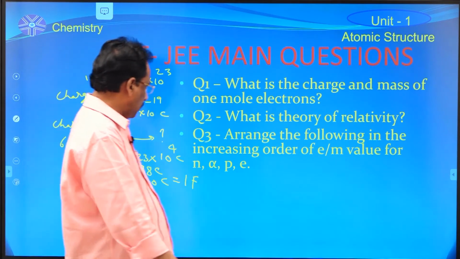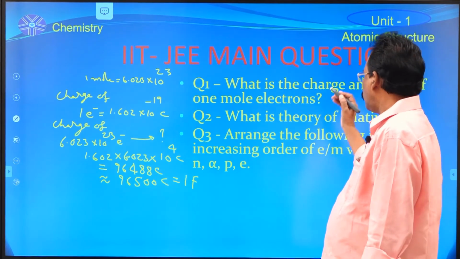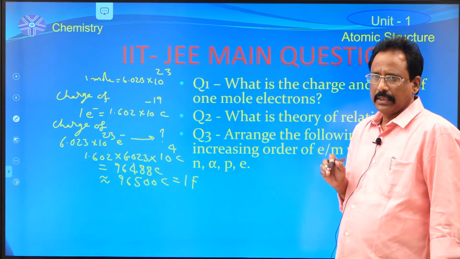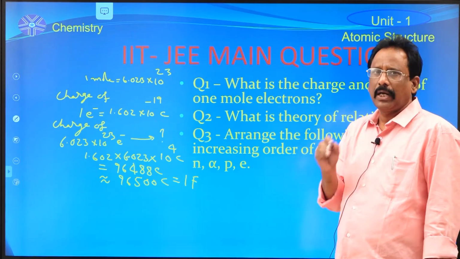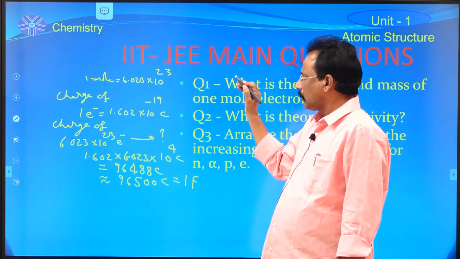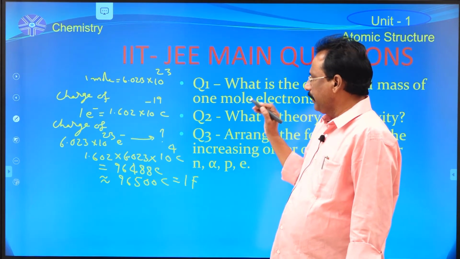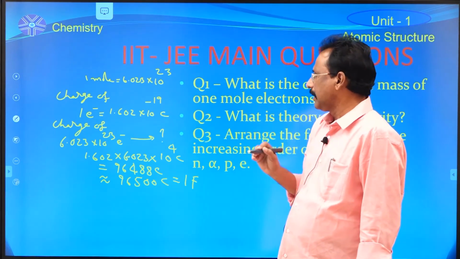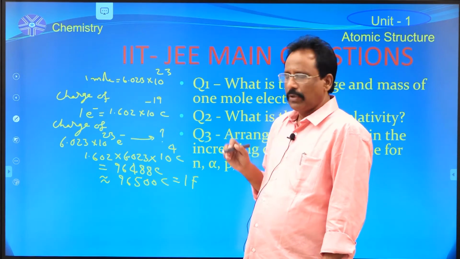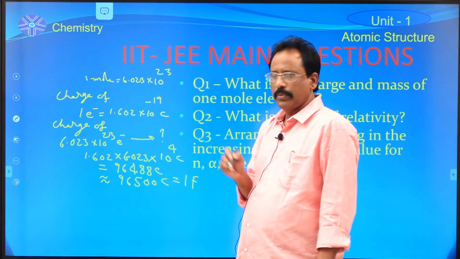So very important point in this question is how to calculate the charge present on 1 mole of electrons. According to Avogadro, 1 mole is equal to 6.023 into 10 power 23. Now according to Millikan's experiment, the charge present on only 1 electron is equal to 1.602 into 10 power minus 19 coulombs.